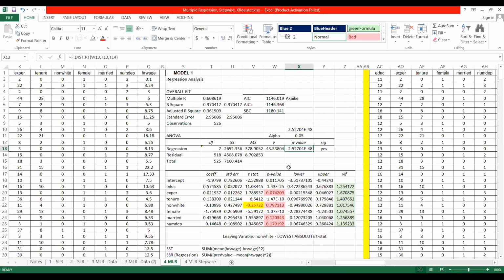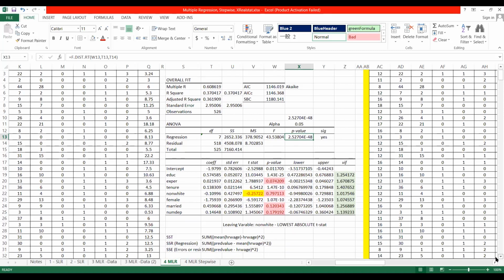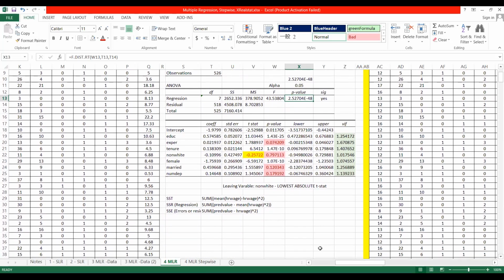So we are rejecting the null hypothesis. What is our null hypothesis? That B0 is equal to B1 is equal to B2, all of them equal to 0. So we reject that. What we are saying is, at least one of these, B0 to B7, at least one of them is not equal to 0. Okay? So that means we can use the predictors for our hourly wage.